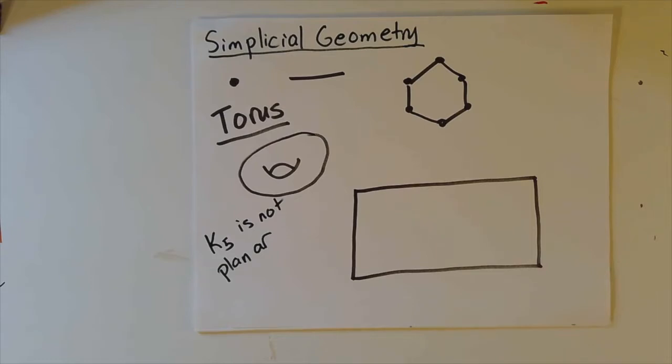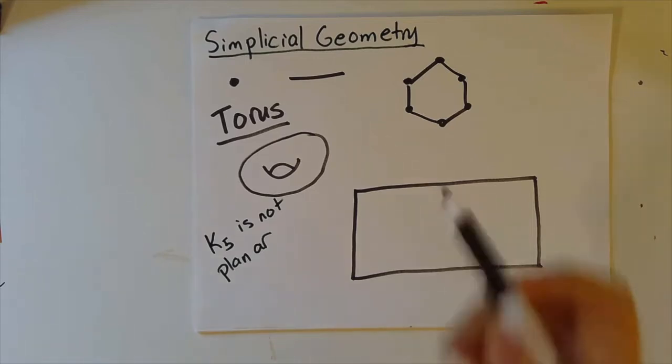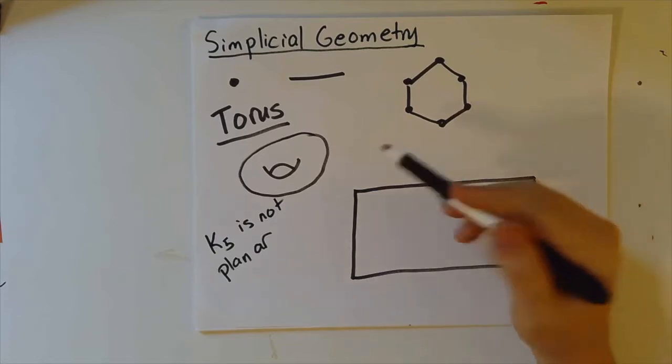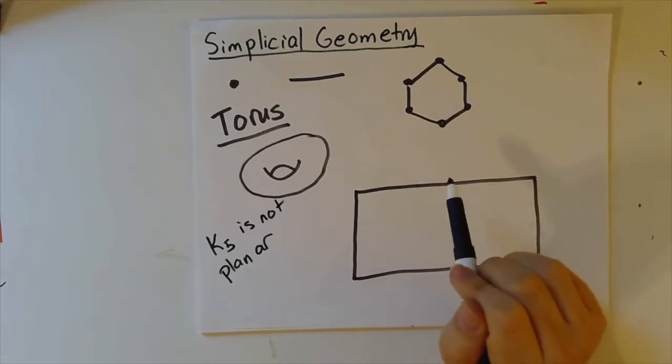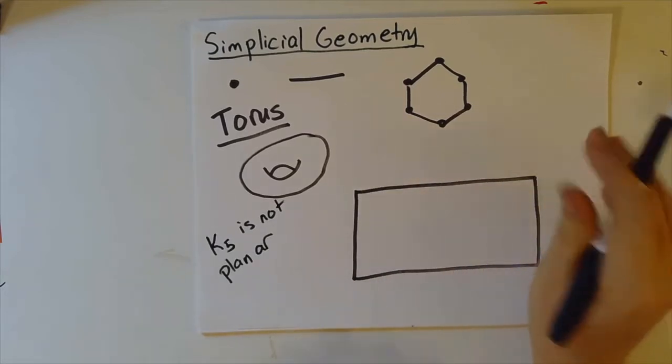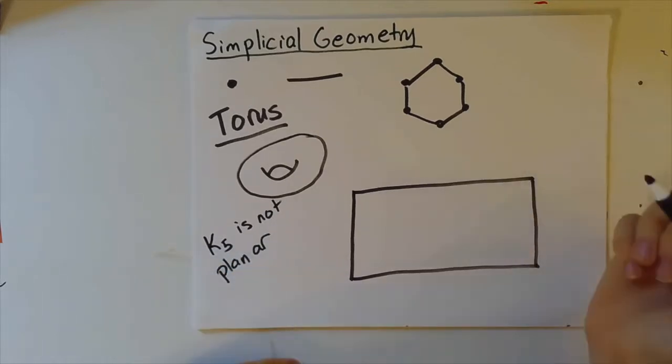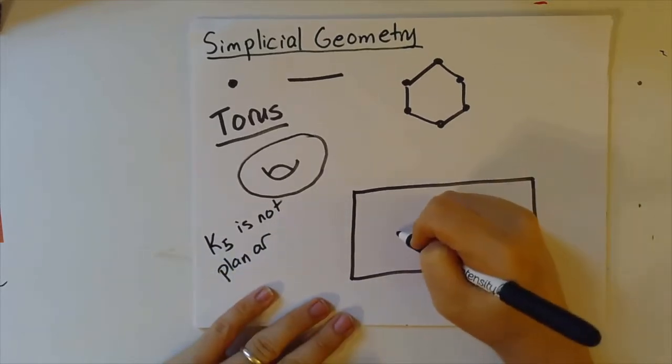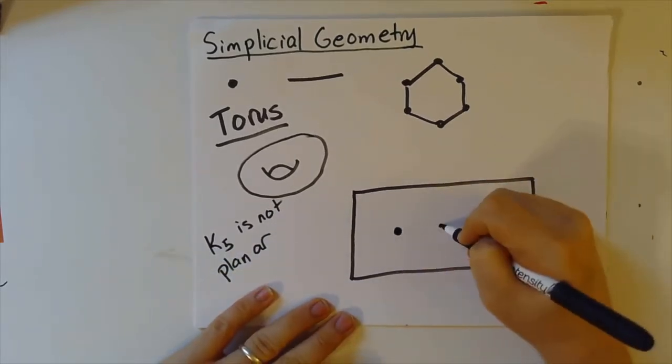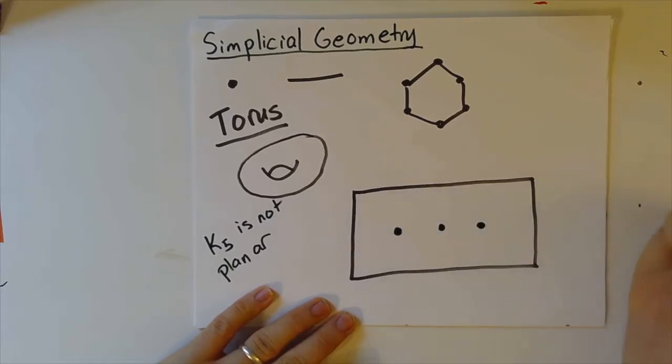But what I want to try and convince you of is that, in fact, you can draw K5 on this torus. So I need to pick where my 5 vertices are going to go, and to try and make this as easy as possible, I'm going to put 3 in the middle like that.